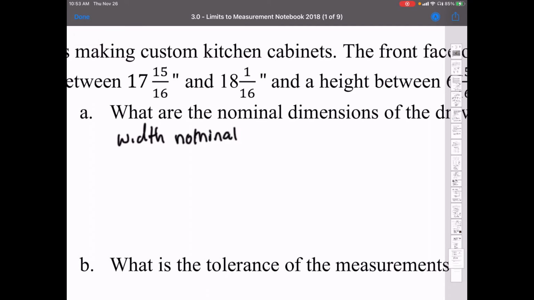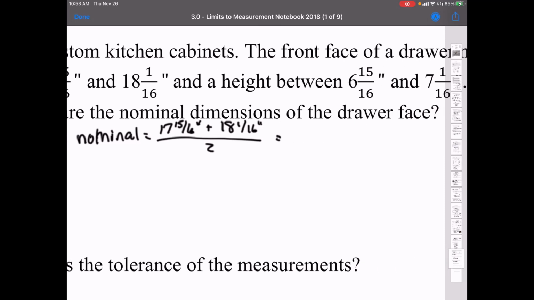Width nominal would be 17 and 15/16 of an inch plus 18 and 1/16 of an inch divided by 2. Okay. To add those two together, you'll notice 1/16 and 15/16 gives you 16/16, which is 1. So 1 plus the 17 plus the 18 is 36, divided by 2 is 18 inches.